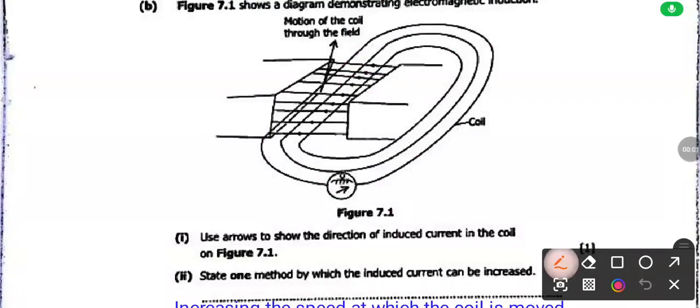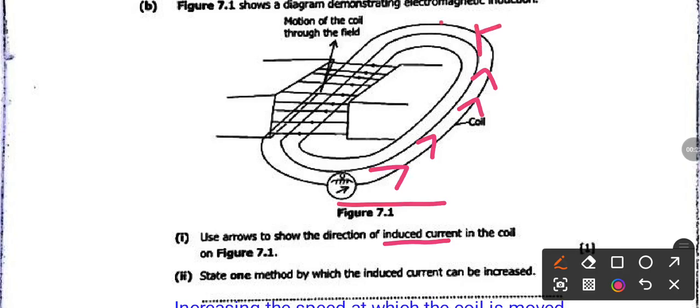The second alternative that we could have used in predicting the direction of the induced current is by observing the direction in which the needle of this galvanometer is deflecting. As you can see, the needle is deflecting in that direction, meaning that that is the direction of the induced current.